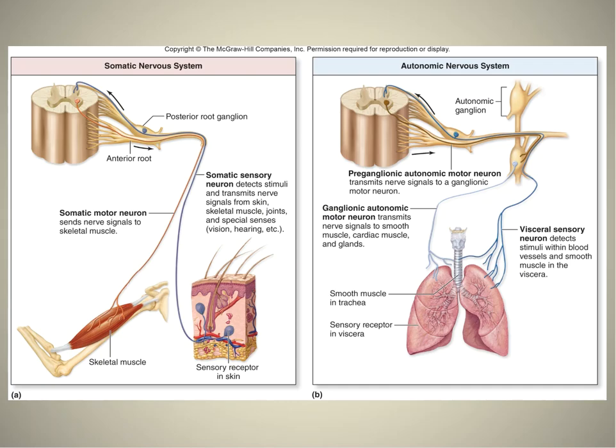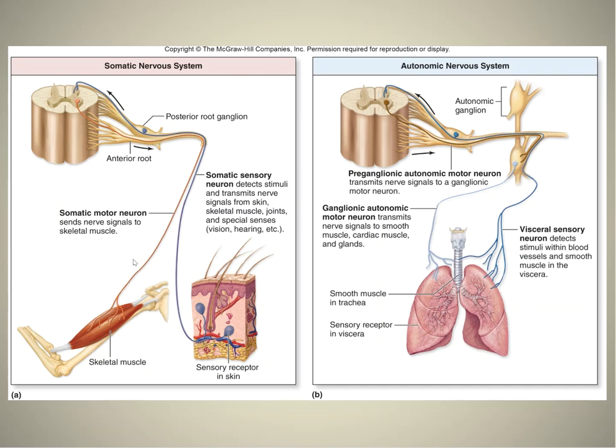Slide 3 points out some anatomical differences between the somatic nervous system and the autonomic nervous system. There's a somatic sensory neuron on the left that detects stimuli that we can perceive. And then on the motor side, the motor neuron is in brown.